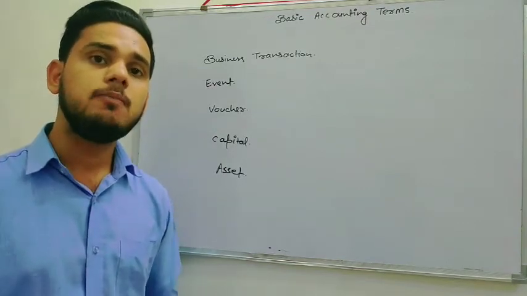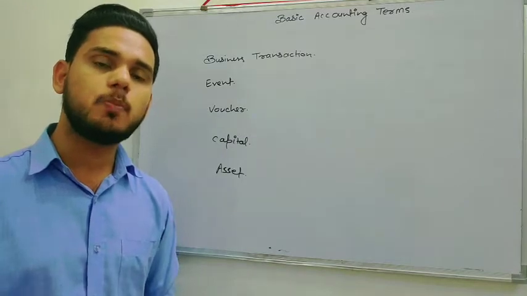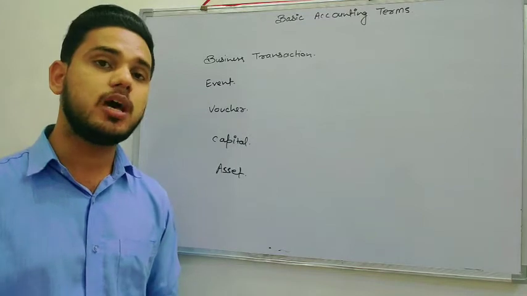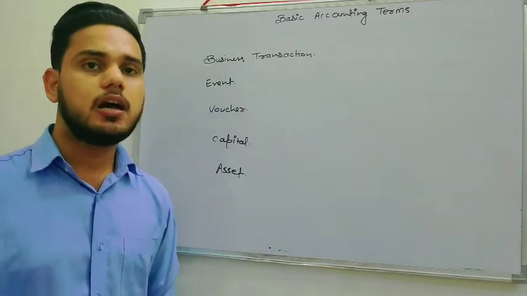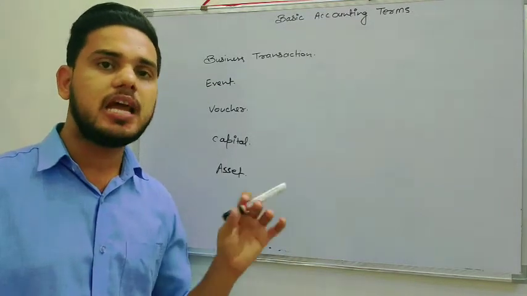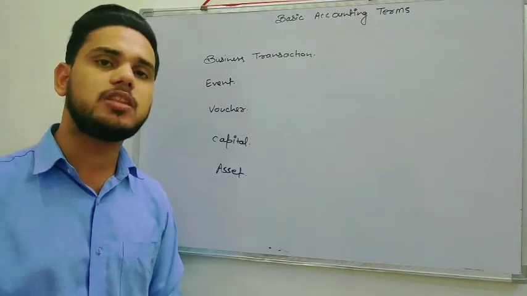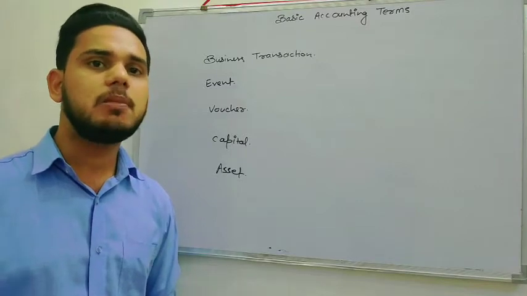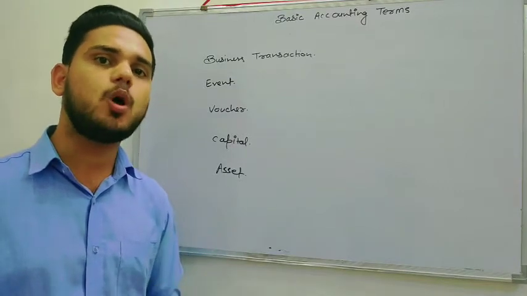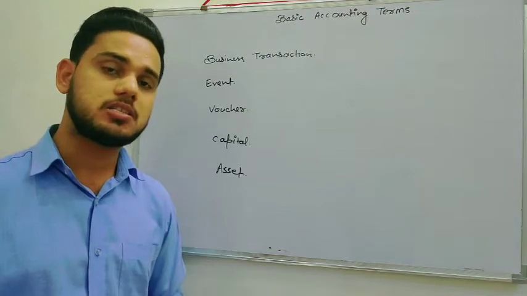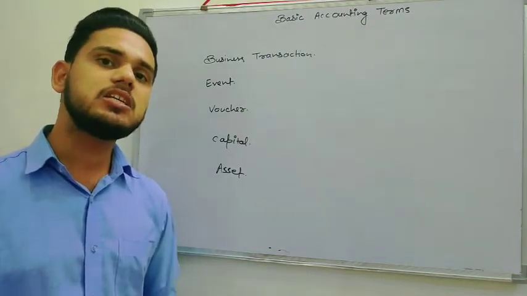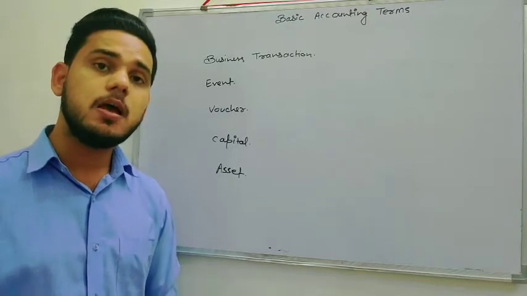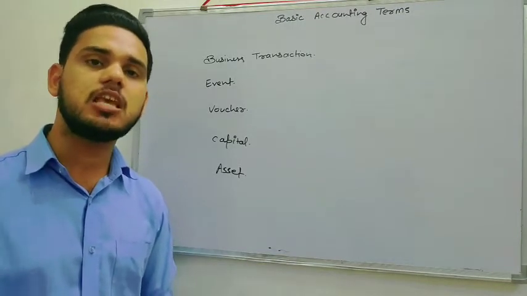For example, if you go to a medical shop to buy some medicine, and the seller does not have that particular medicine, but has a similar product with the same formula, he will say, sir, the medicine you are asking for is not available with us, but we have another medicine with the same formula.